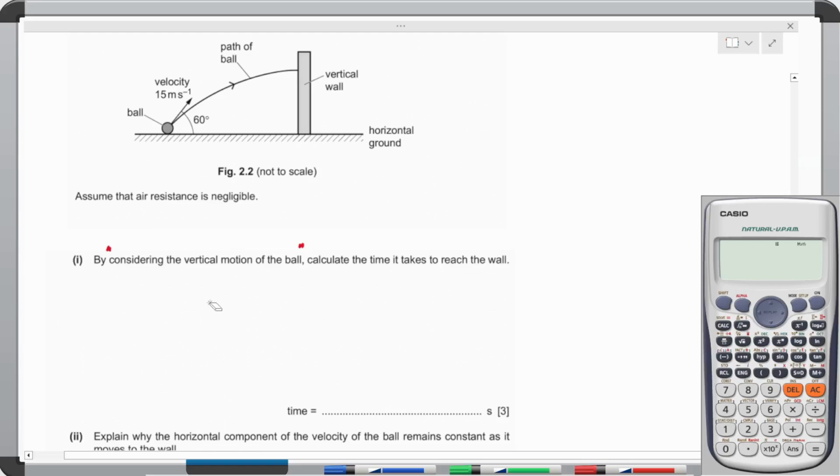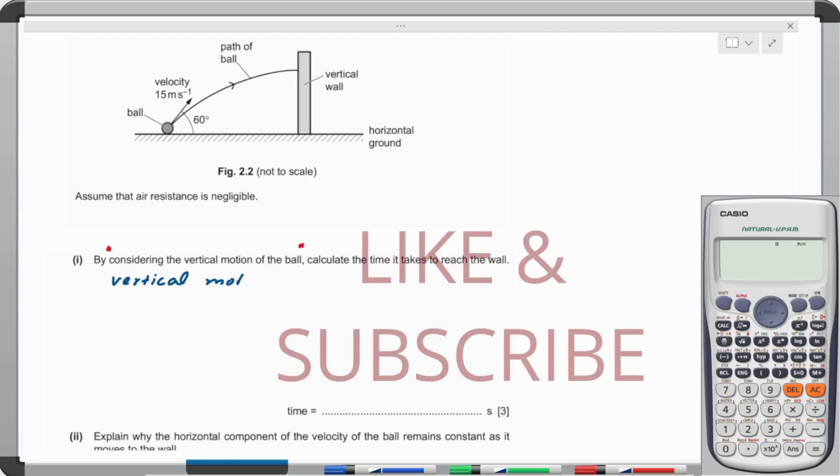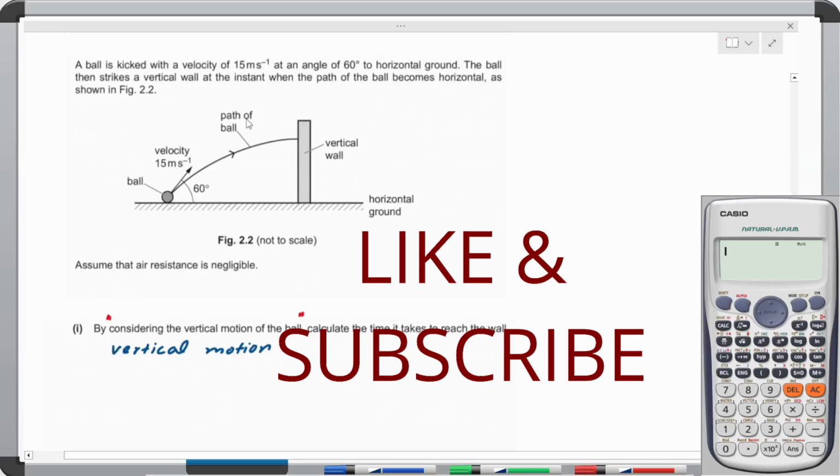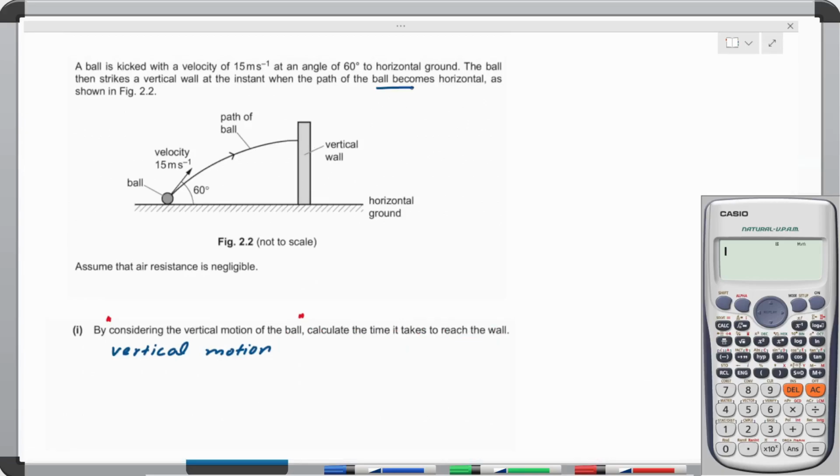And the thing is, for this one, the initial vertical velocity for the vertical motion, we'll need to find the initial vertical velocity, and as it reaches the wall, because we are provided with this, the ball becomes horizontal. So horizontal means it does not go further upward. So the vertical component of the velocity becomes 0.